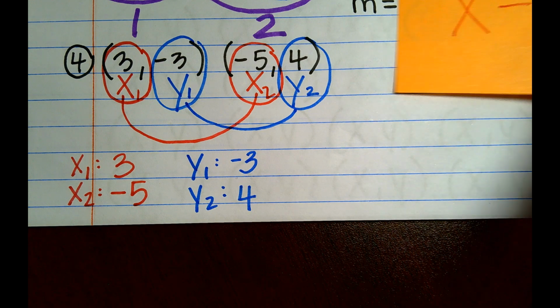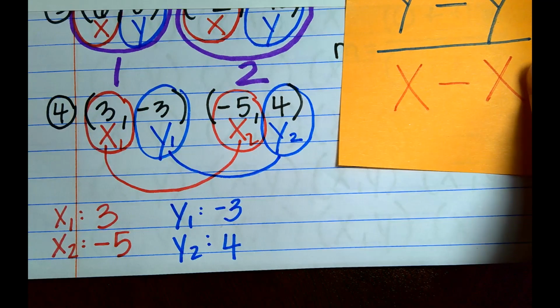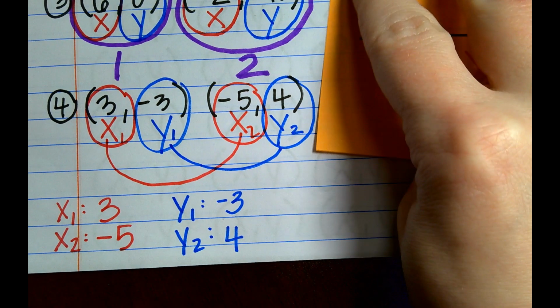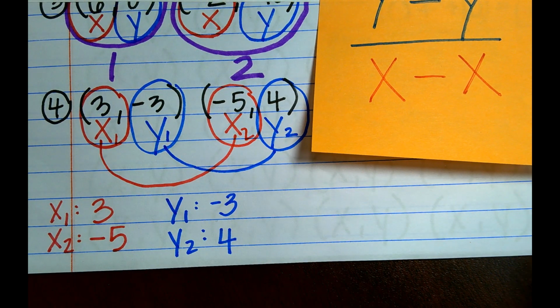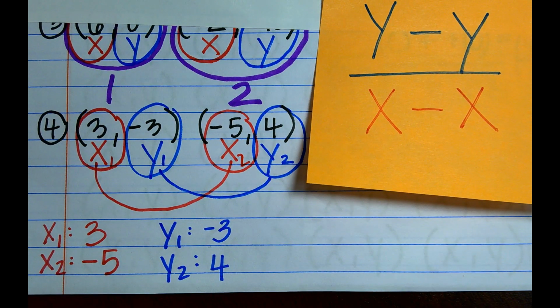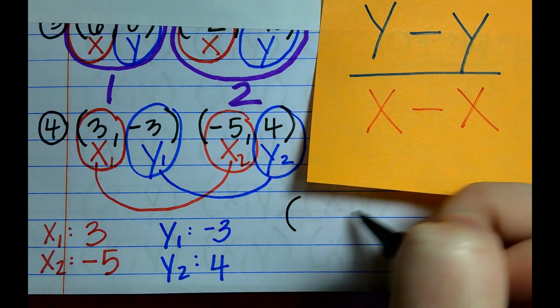So now that we have our numbers labeled, we want to use our formula. y minus y over x minus x. I'm going to give myself those empty parentheses.